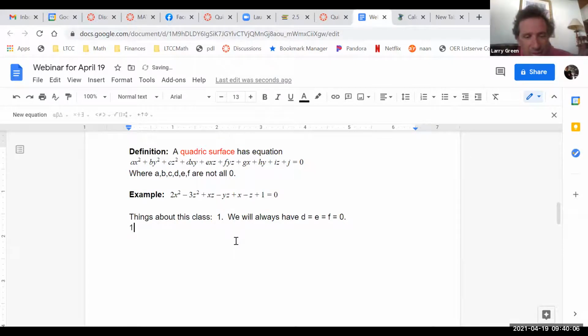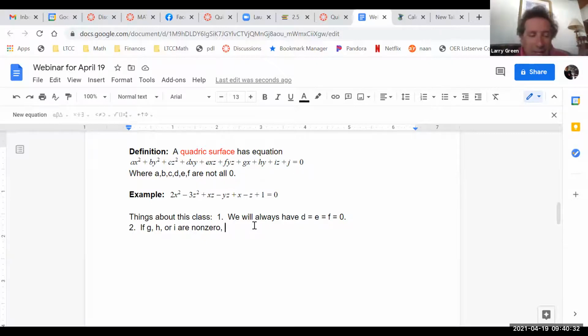So 2 is if G, H, or I are non-zero, how can we get rid of them? Any suggestions?